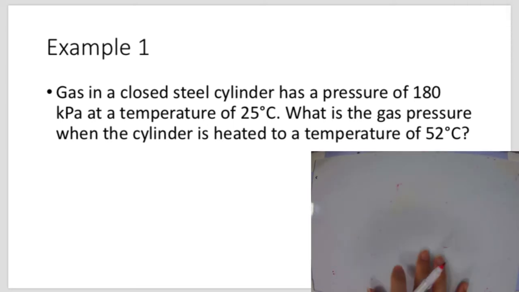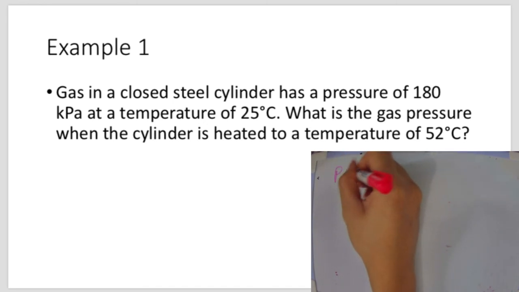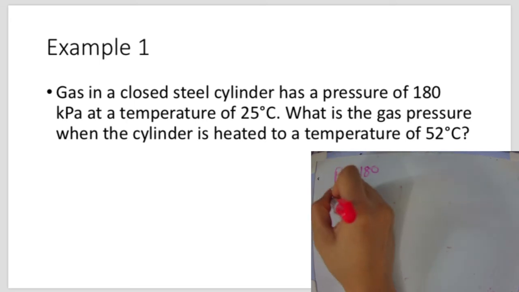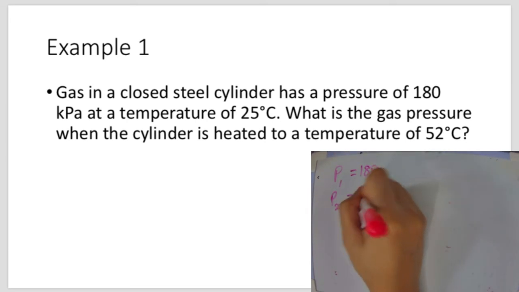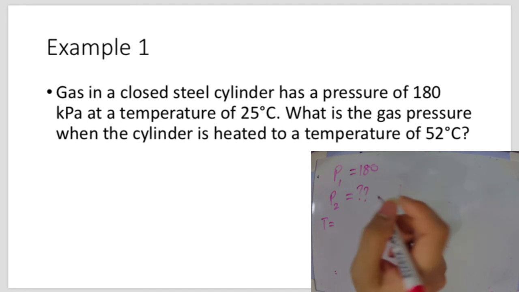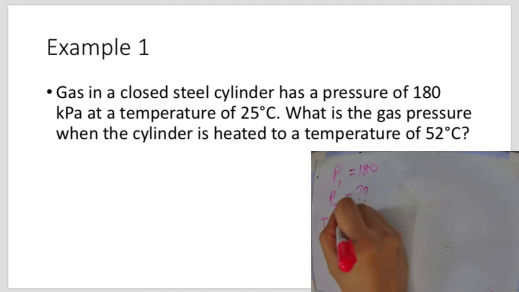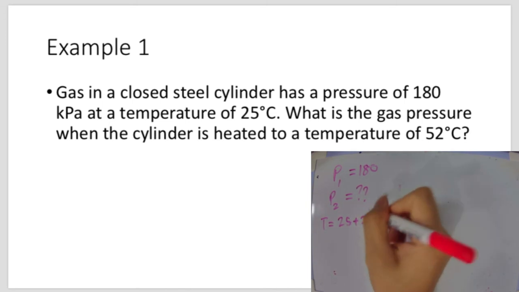So again, same idea. Let's write down all the information that we already have. So let's start. What do we have here? First of all, pressure. So pressure in the beginning is 180. Pressure at the end, not stated. Temperature in the beginning, and remember we'll be using Kelvin. So 25 degrees Celsius, but to convert to Kelvin, we add 273.